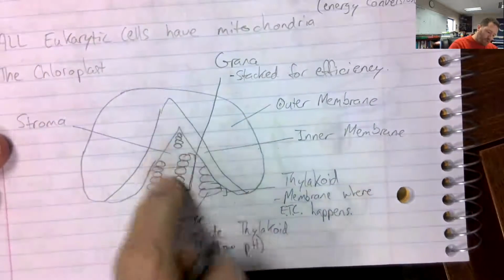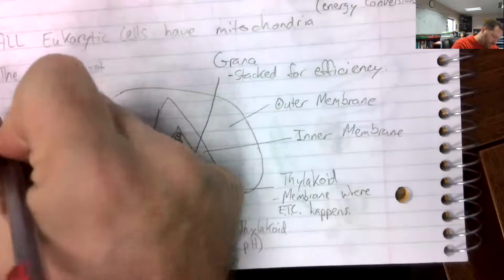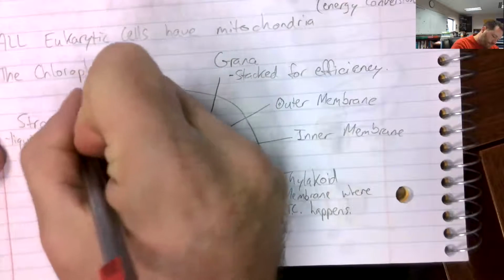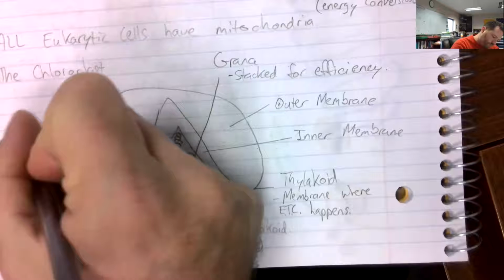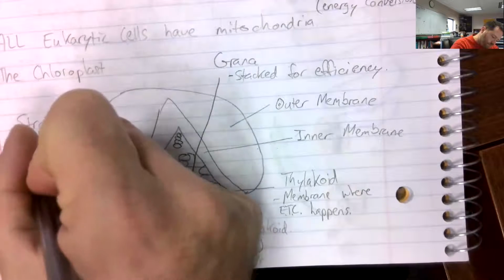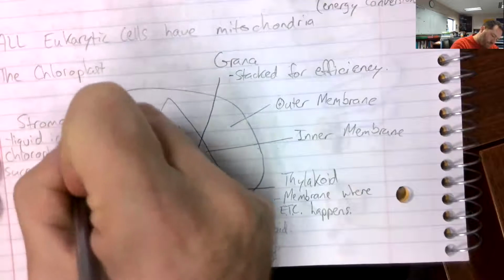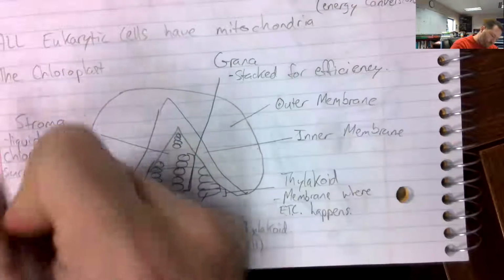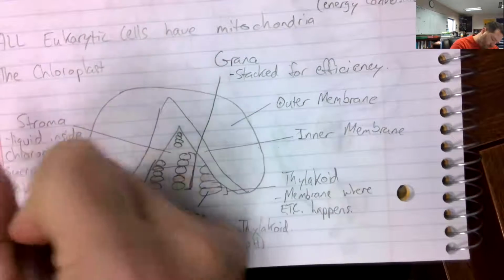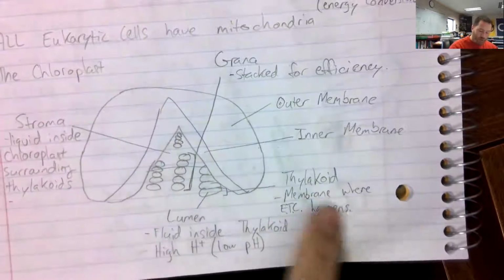Finally, then there's a liquid inside the chloroplast, the stroma. It surrounds the thylakoids.